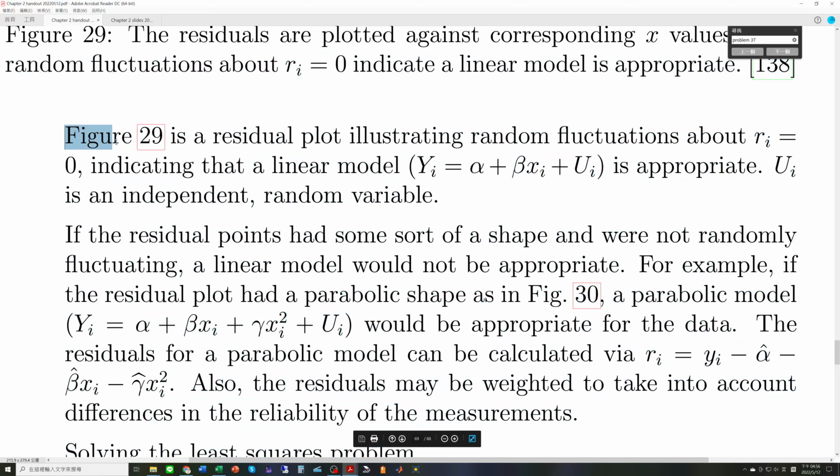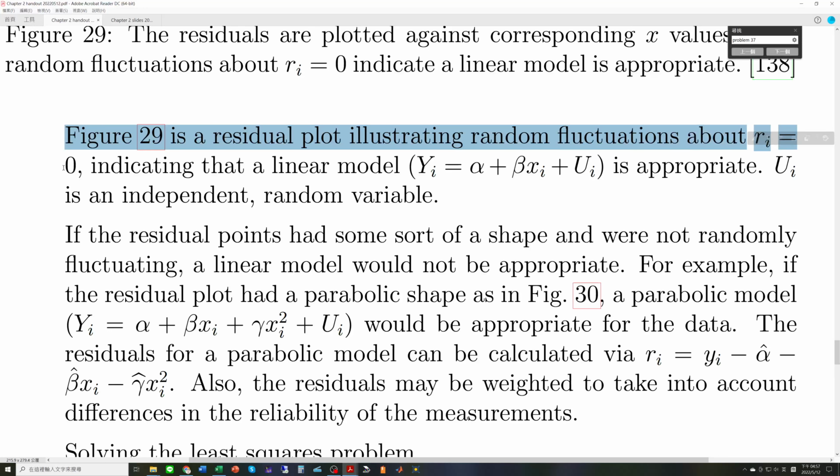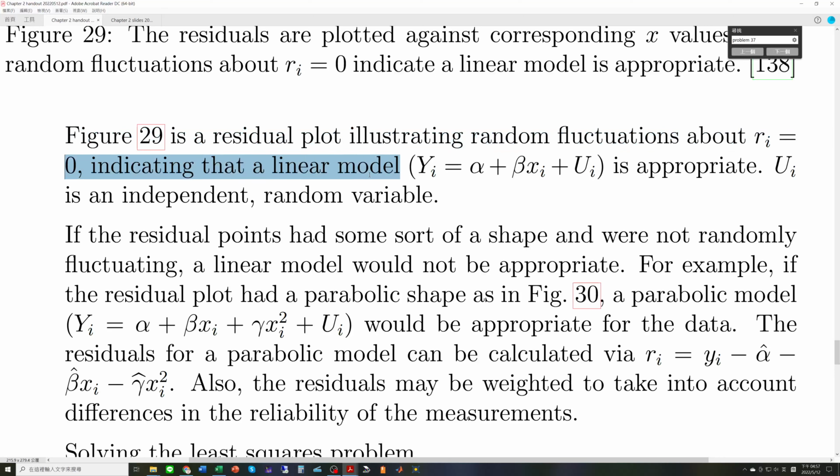Figure 29 is a residual plot illustrating random fluctuations about Ri is equal to 0, indicating that a linear model Yi is equal to alpha plus beta times xi plus ui is appropriate. ui is an independent random variable.